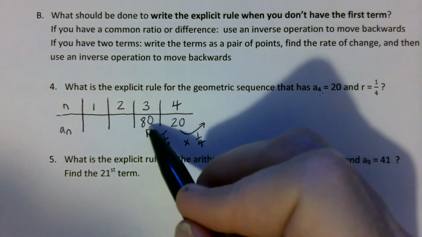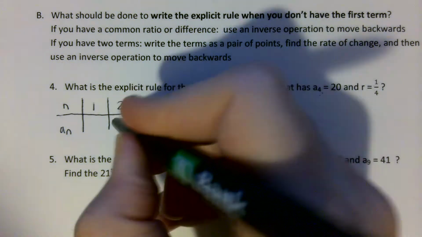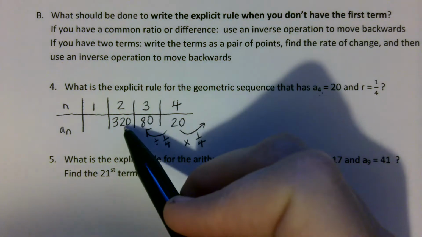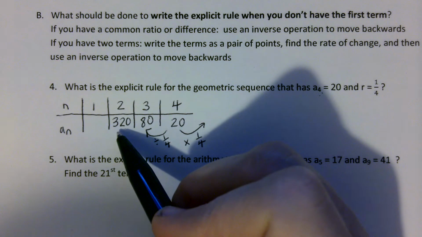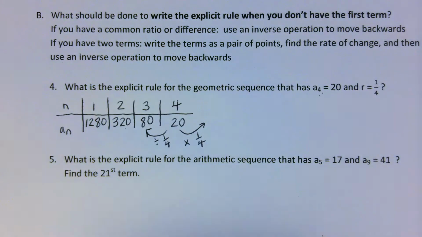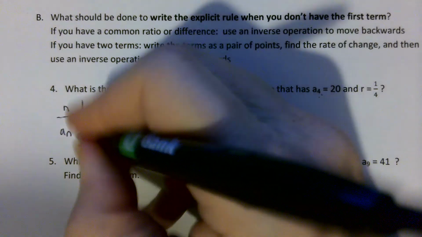And then I'm going to divide 80 by 1/4, which is the same as multiplying it by 4. I get 320. And then divide this by 1/4, which is the same as multiplying it by its reciprocal 4, and I get 1280. So now I have my first term is 1280.